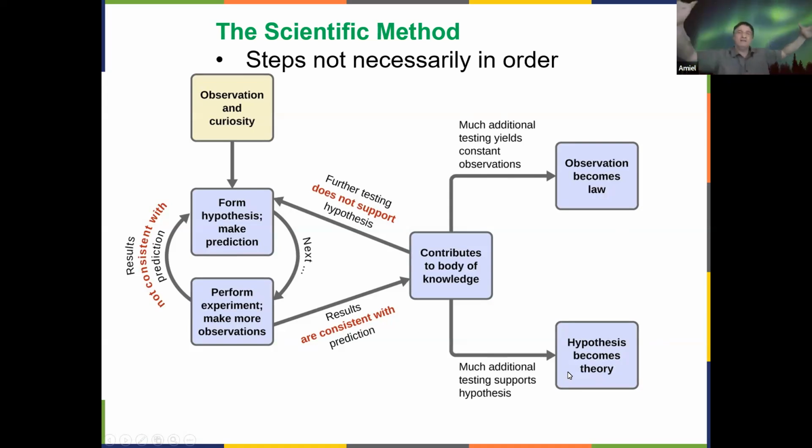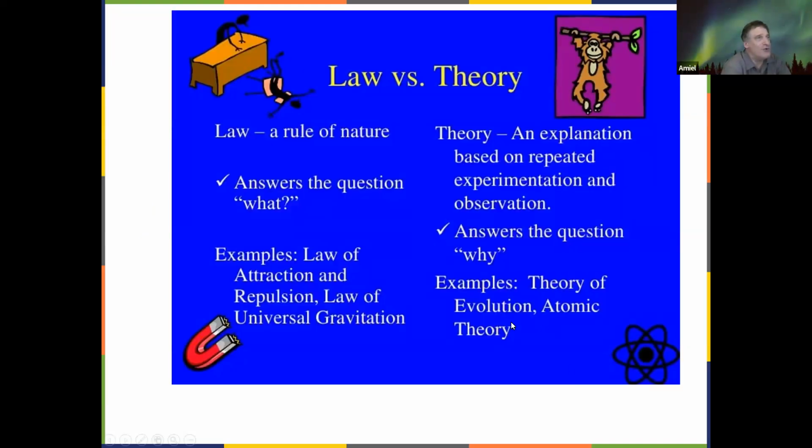Many, many different hypotheses feed into a theory. The theory is the why. The pattern becomes the law. So make sure you appreciate the difference between a theory versus a law. And you can think of the theory as the why.